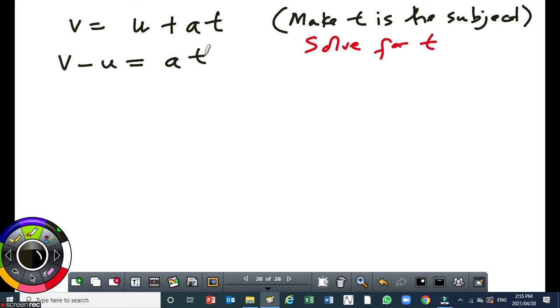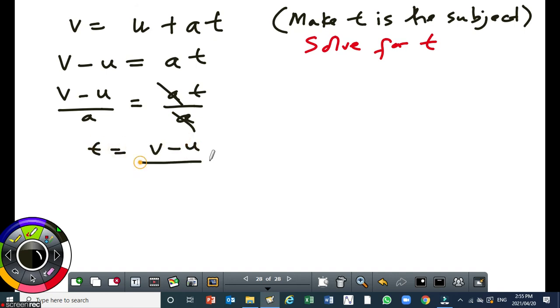So we take the U first to the left, then we'll be left with AT on the right. Then how can you carry on to be left with T only? You divide by A. So first step, you take the U to the left. Next step, divide both sides by A. So this becomes V minus U over A is equal to AT over A. Then these two cancel out. So the final answer will be T equal to V minus U over A.